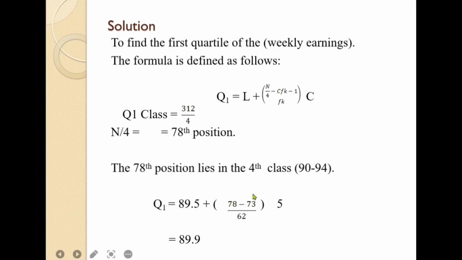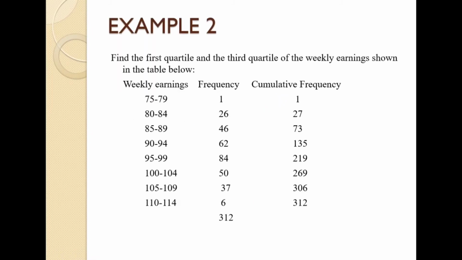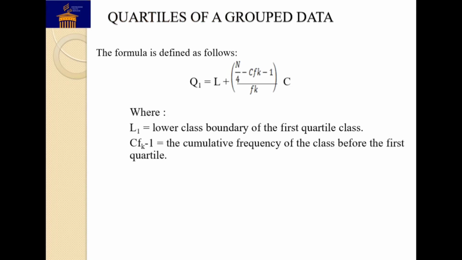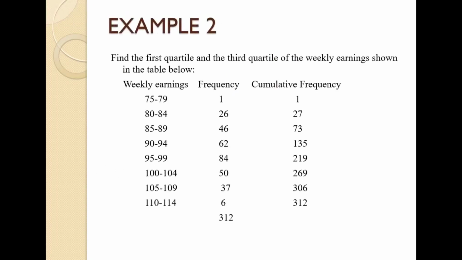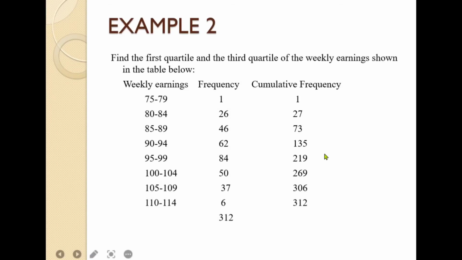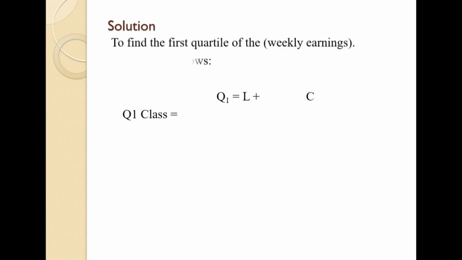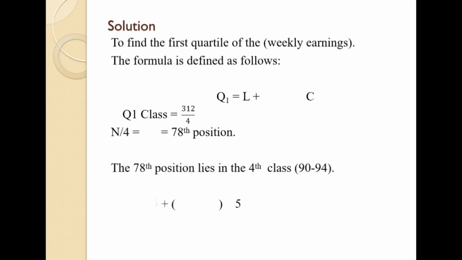The cumulative frequency before that class, let's look at the table again, the cumulative frequency before the first quartile class is 73. So that is how this was arrived at.